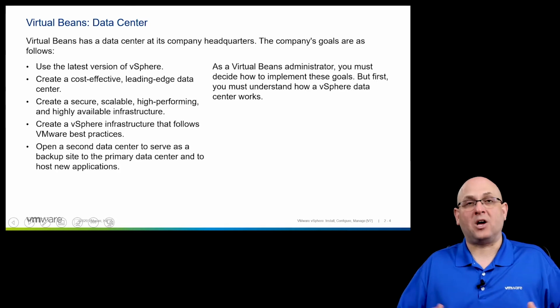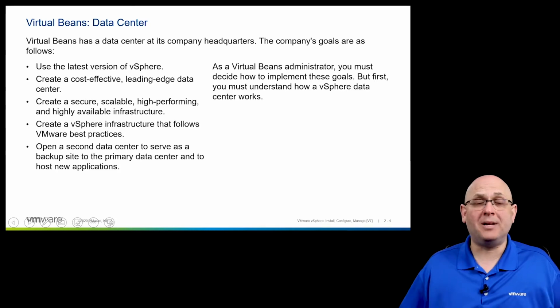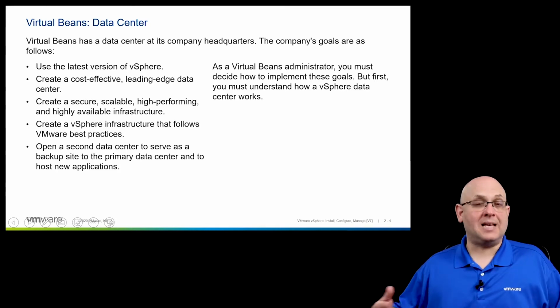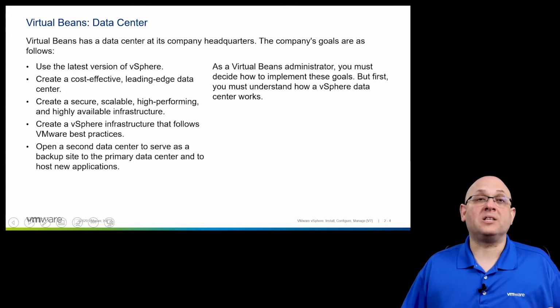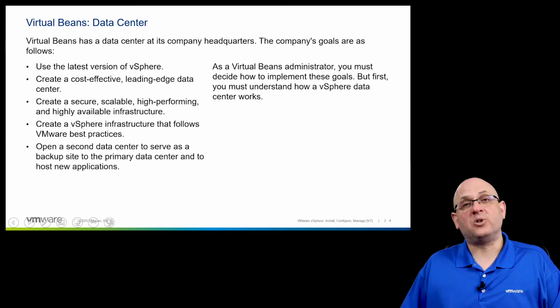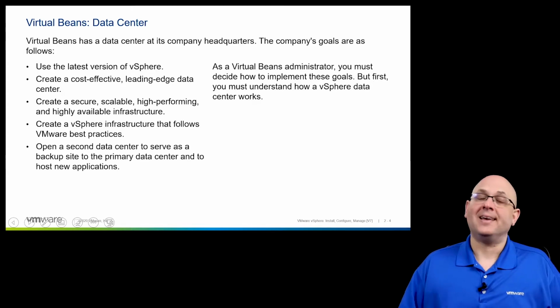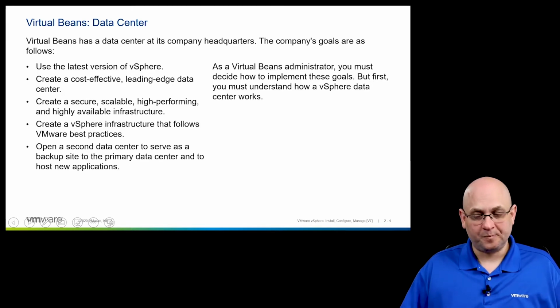And always when we talk about a greenfield or brand new environment, you might as well use the latest and greatest stuff, of course, so that we can take advantage of the latest and greatest features and sets of features that VMware provides. In our case, that's vSphere 7. Okay?